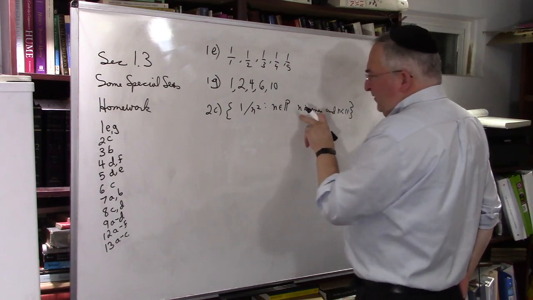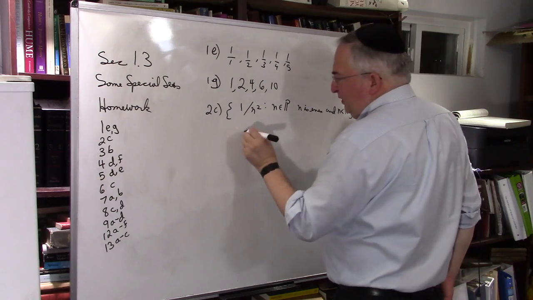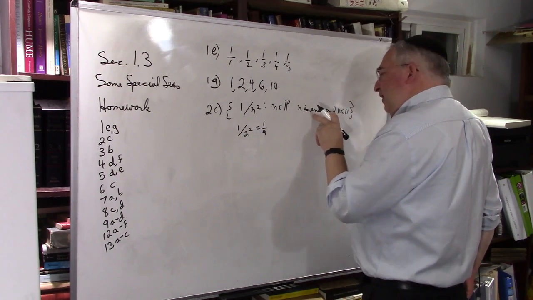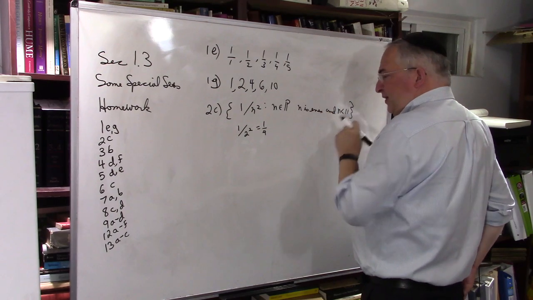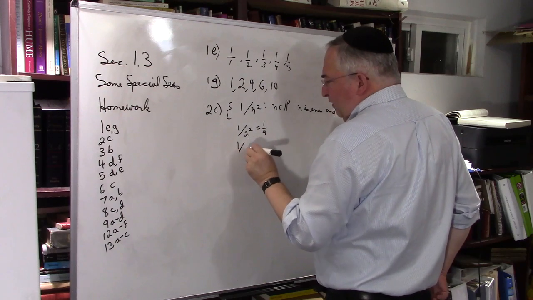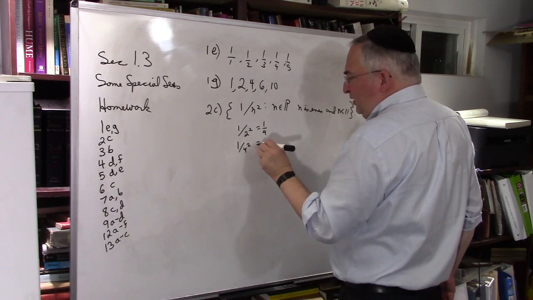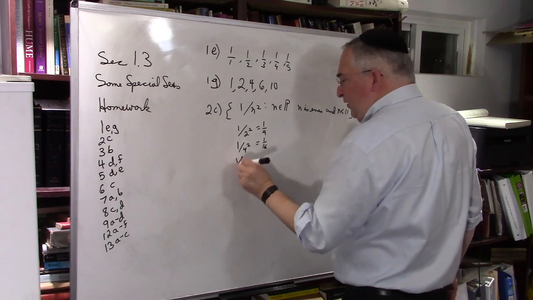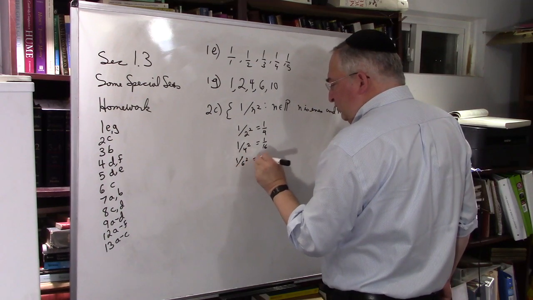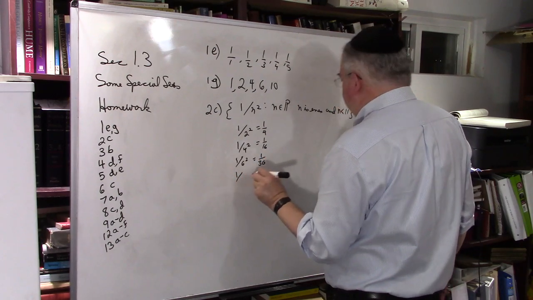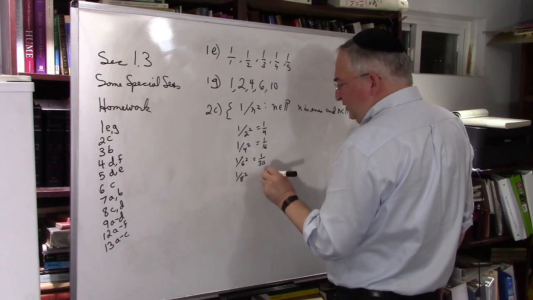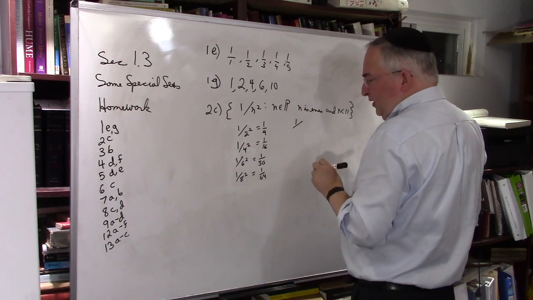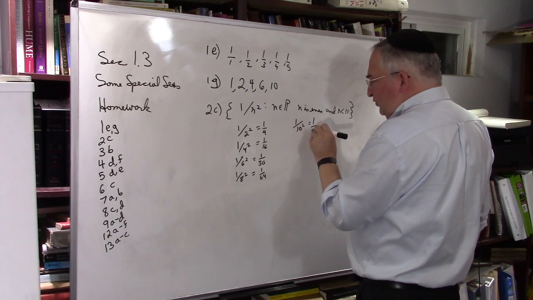So let's try this. 1 over 2 squared, that's 1 over 4. 1 over 4 squared, which is 4 times 4 is 16, so 1 over 16. 1 over 6 squared is 1 over 36. 1 over 8 squared, 8 times 8 is 64, so that's 1 over 64. 1 over 10 squared is 1 over 100.